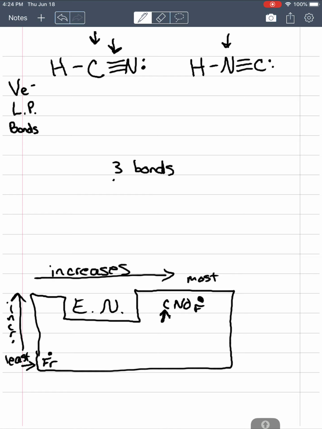It also has 6 electrons in those bonds. And if we do half of the bonding electrons, that equals 3. So if you just want to do bonds instead of bonding electrons, it's probably going to be easier.